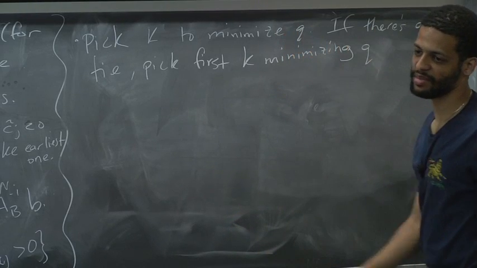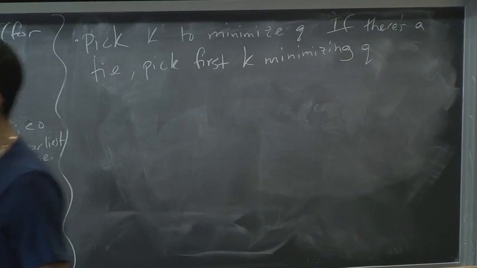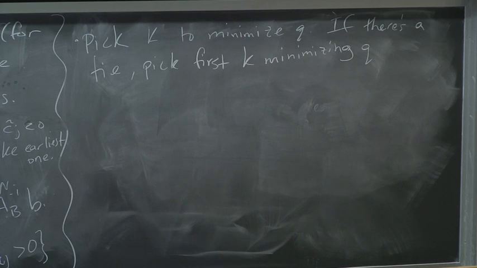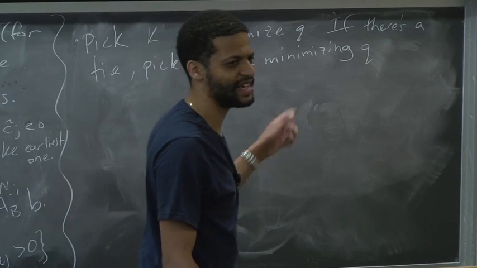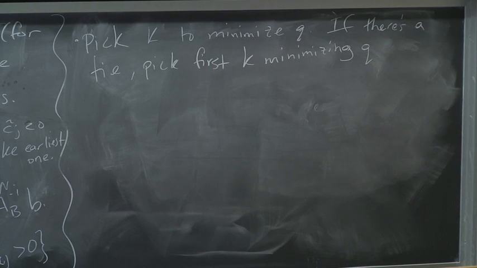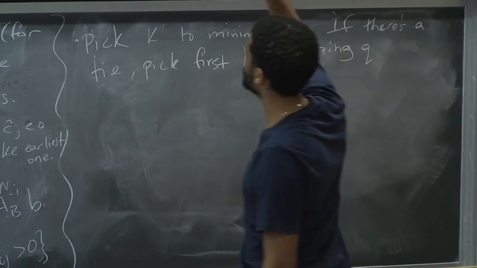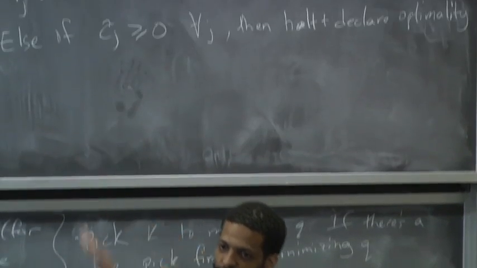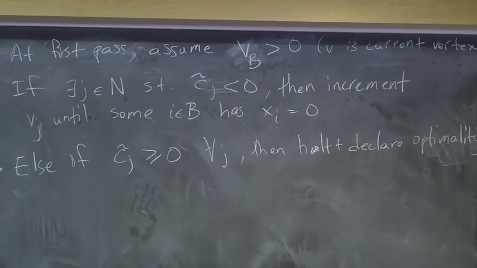Okay, and it's possible to prove that this thing actually doesn't terminate. I'm not going to do it. Sorry, that it does terminate. Did I say it doesn't? Yeah, that it terminates. And when it terminates, you will be in this case where the reduced cost will be non-negative. Okay? So, okay, good.